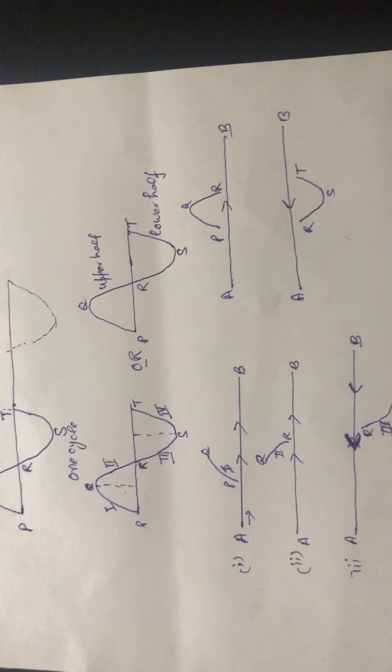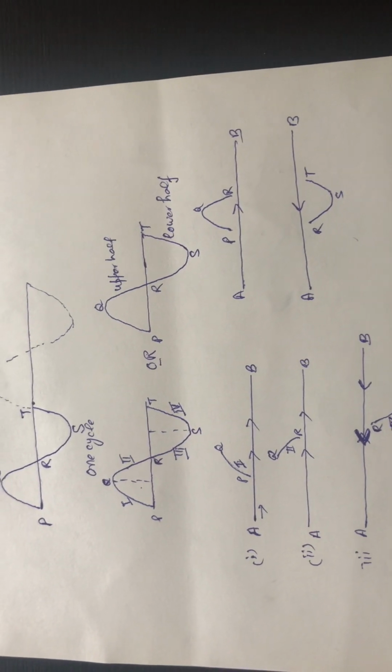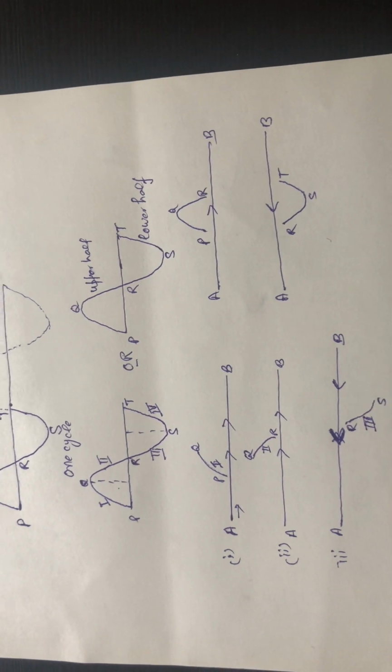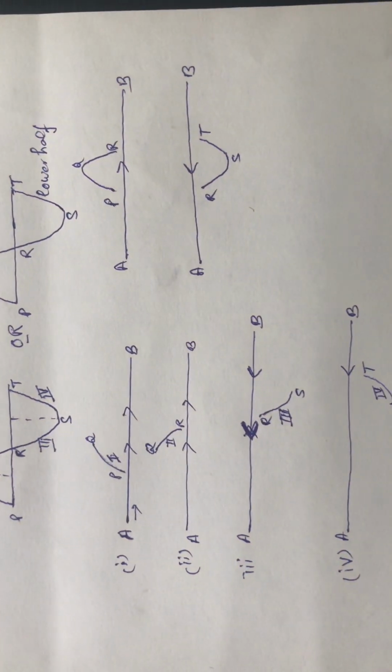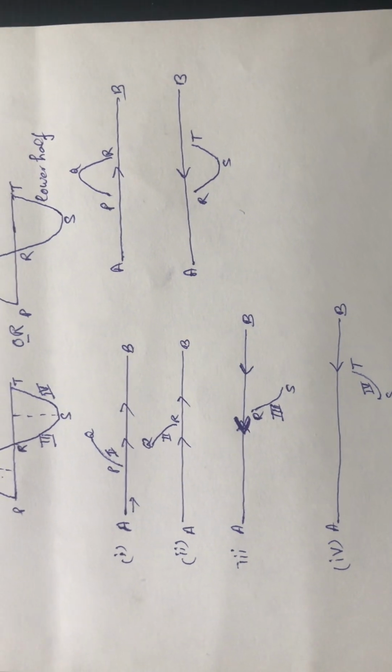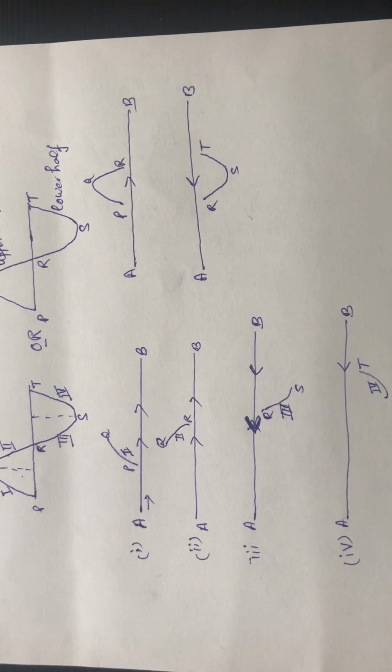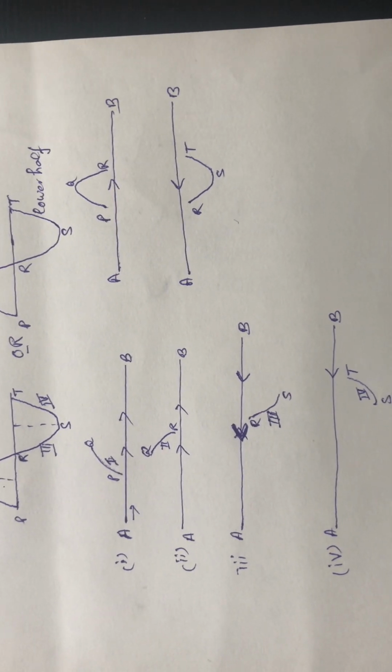In the third part the current reverses its direction from B to A, but it rises from 0 to maximum value, and again during the fourth part the current flows in the same direction B to A, and it falls from maximum value to 0 at T.